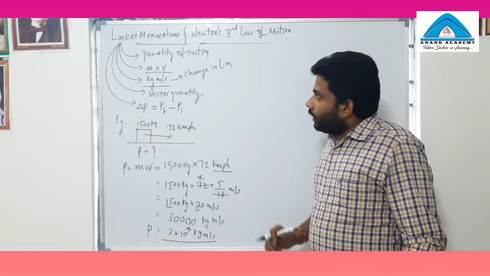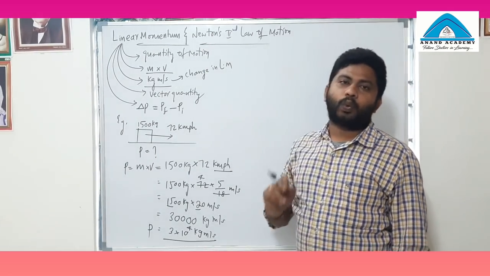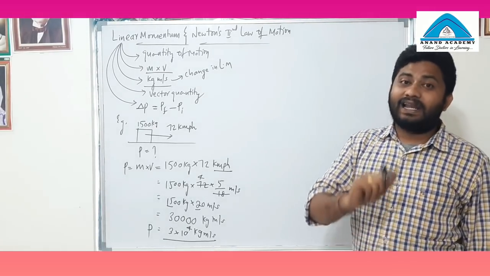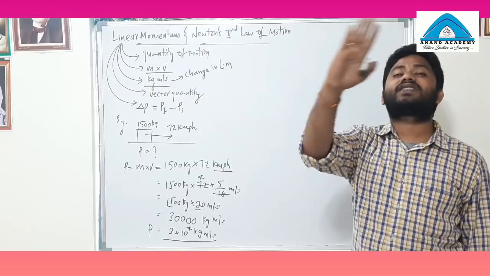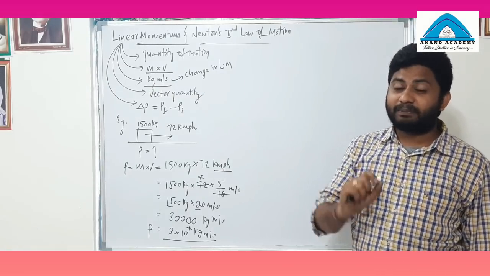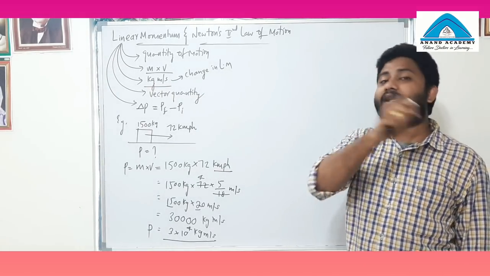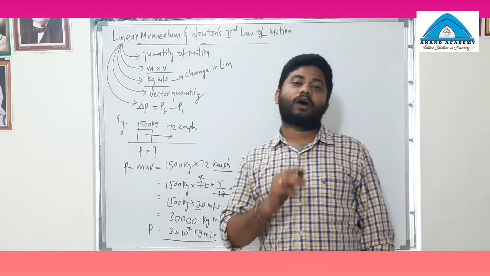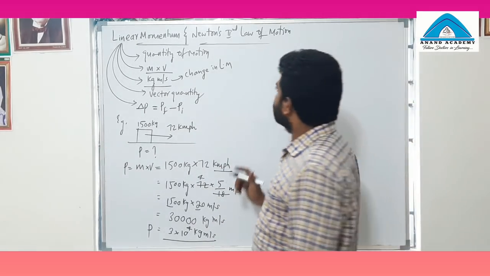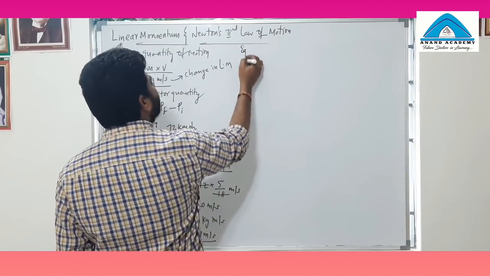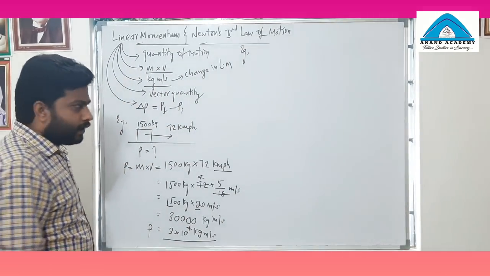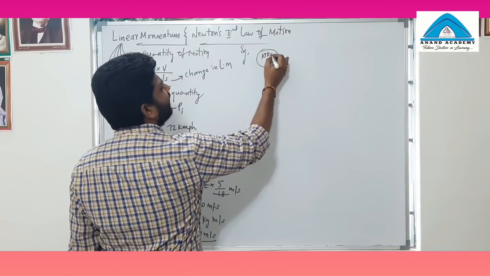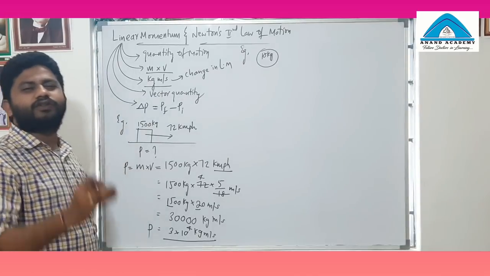Now, during the linear momentum topic, one point we had discussed was that linear momentum can be transferred. What exactly is meant by linear momentum can be transferred, we will be discussing now. Listen to me carefully. Look at this example: a body of small mass, 10 kilogram, which is dropped.